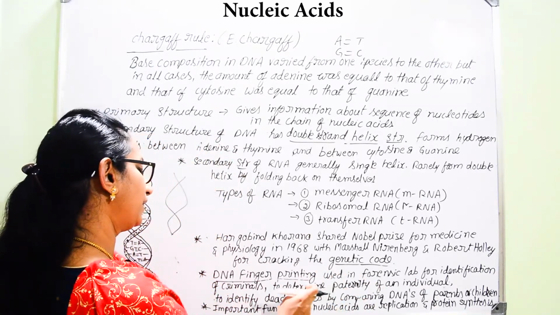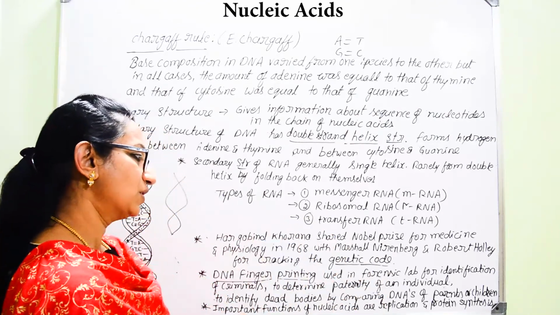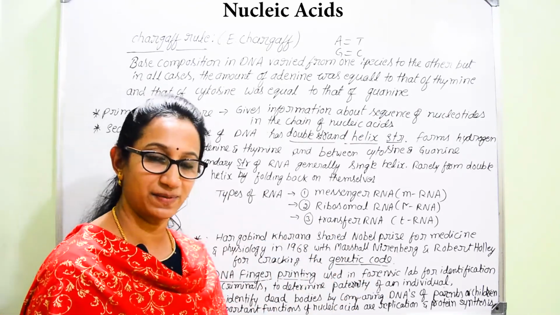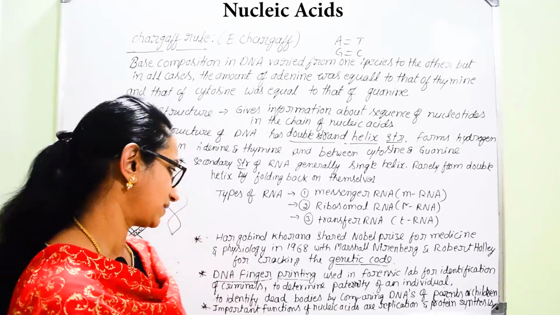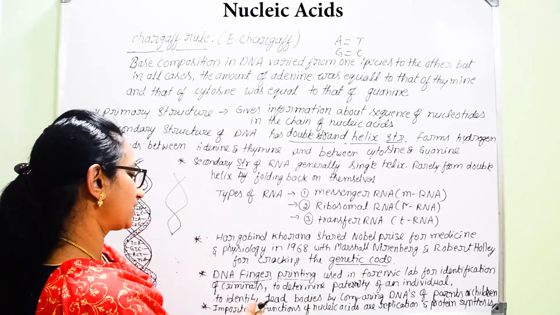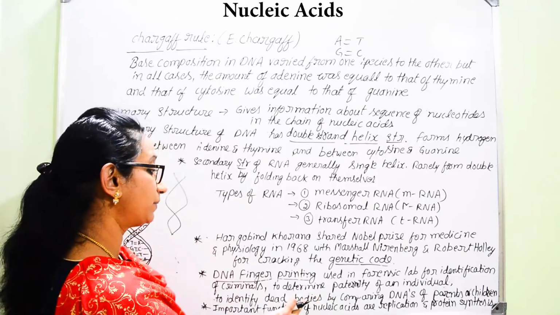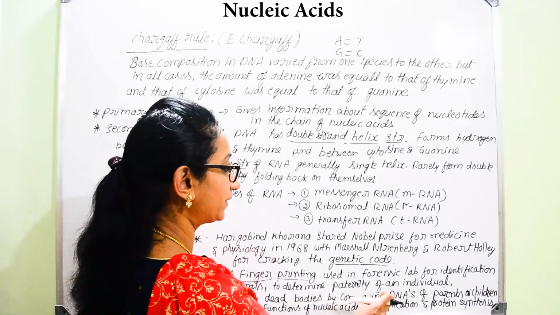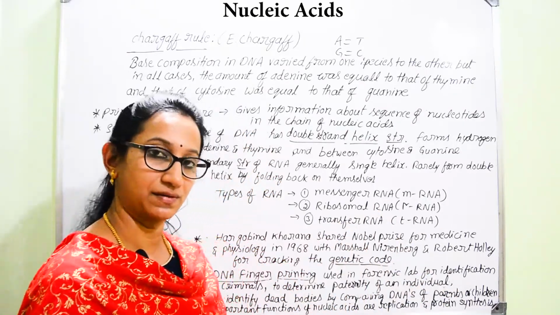That is nothing but determining the paternity of an individual. So, to whom that child or any person belongs, we can recognize the parent of that person. And it is also able to identify dead bodies. How are they identified? Just by comparing the DNA of the dead body with the parents or the children.